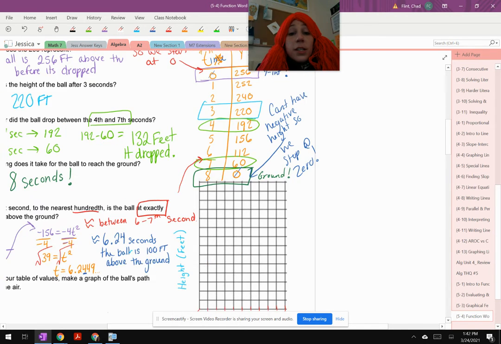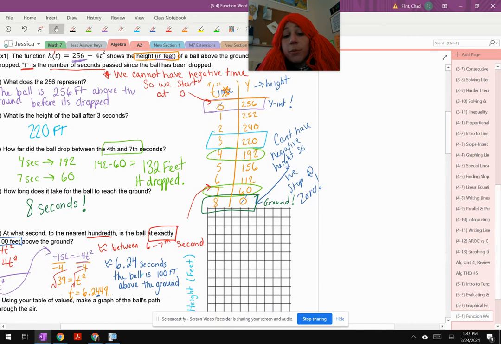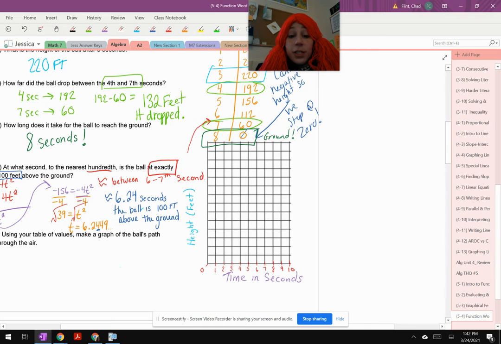Okay, so now this is where we get a little different because my height, my y values go all the way from 0 to 256. And I only have 14 lines to work with, and I need to get all the way up to like 250.